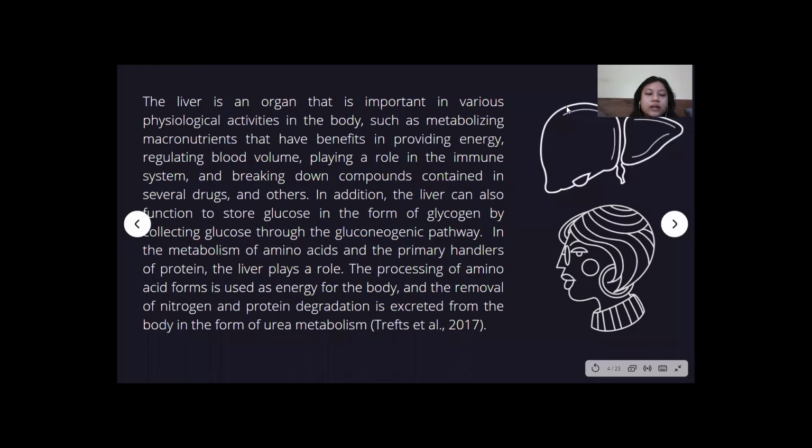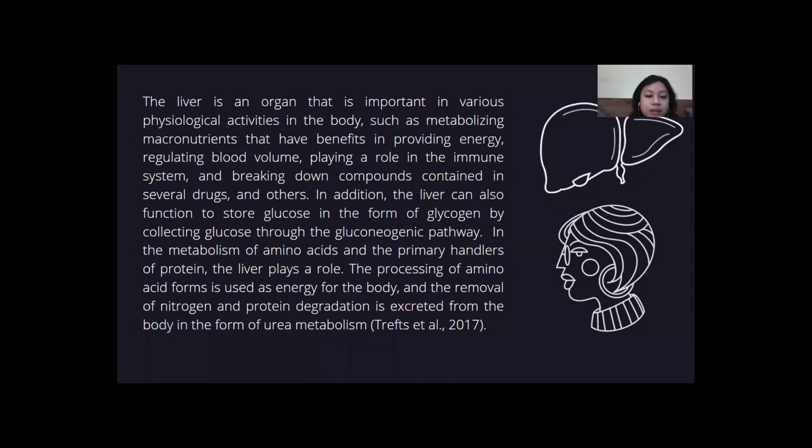So the liver is an organ that is important in various physiological activities in the body, such as metabolizing macronutrients that have benefit in providing energy, regulating blood volume, playing a role in the immune system, and breaking down compounds contained in several drugs and others. In addition, the liver can also store glucose in the form of glycogen by collecting glucose through the glucogenic pathway.